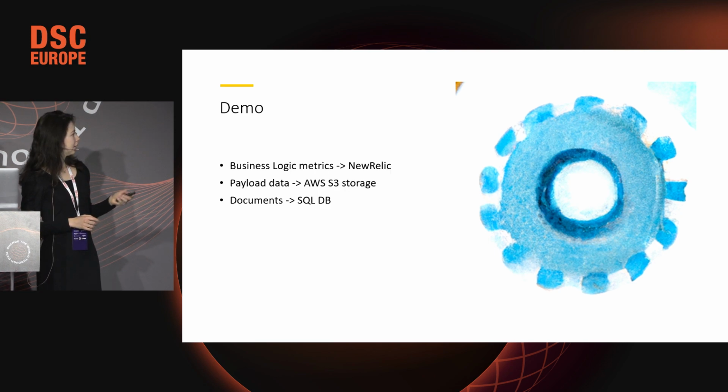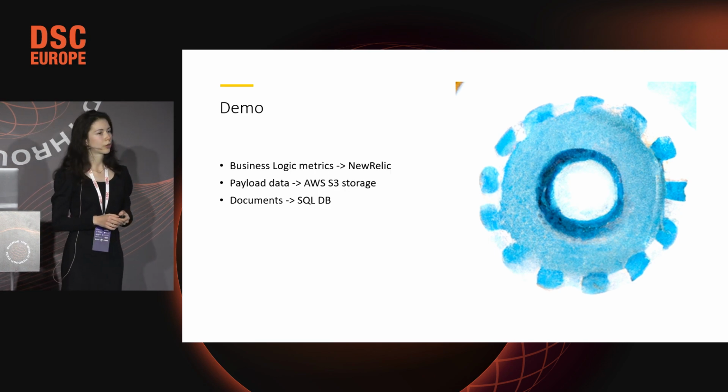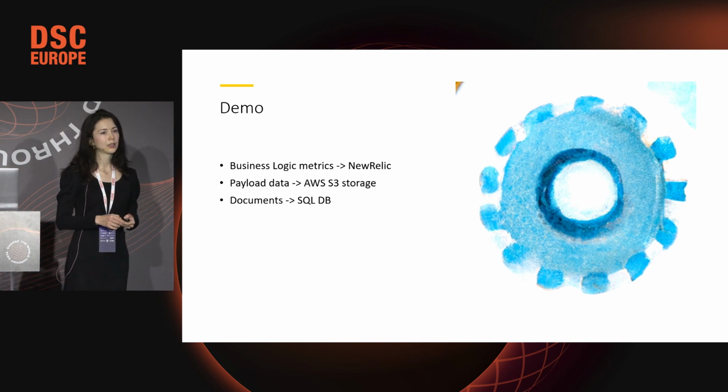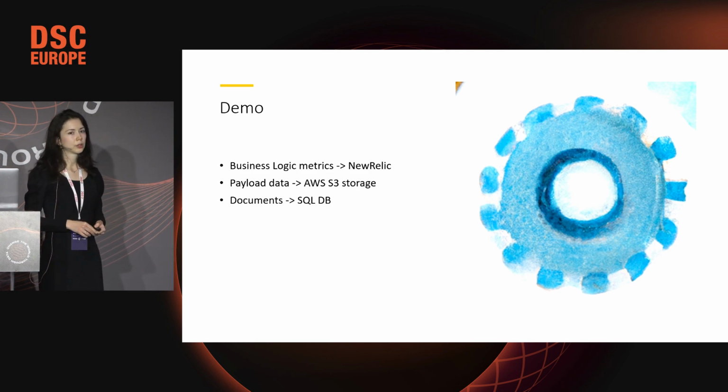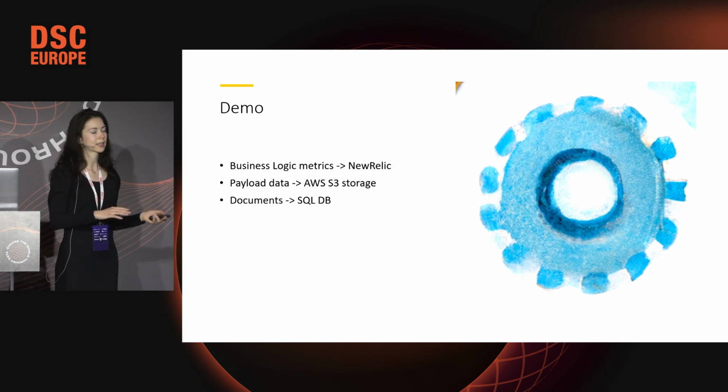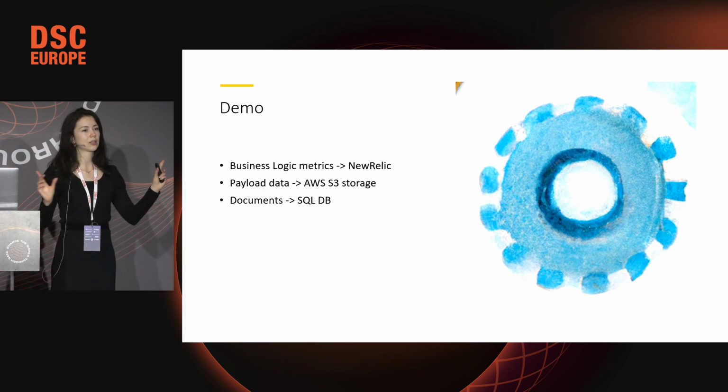And let's also cover what metrics and logs we store. So business logic metrics are stored in New Relic. In our company, we also use other tools, but I will demo New Relic. And in this particular case, we collect data about the length of the user input and the output length.